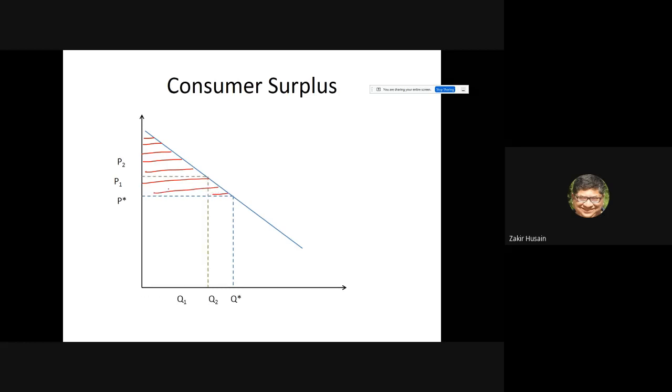Now suppose the price changes. The consumer reduces his consumption in response to the price change, and we can see that the surplus now falls. It is this area.